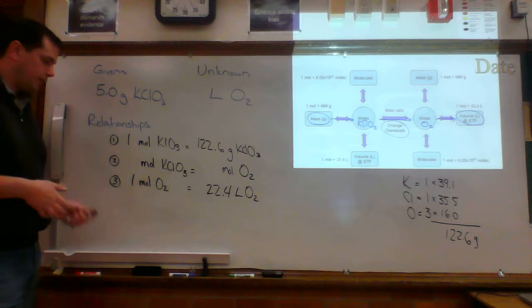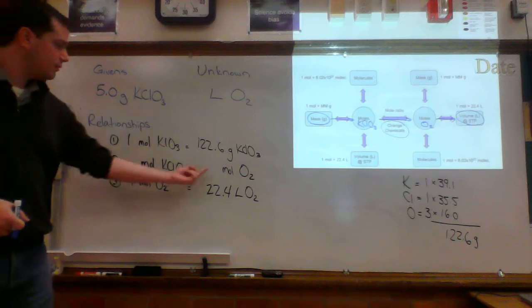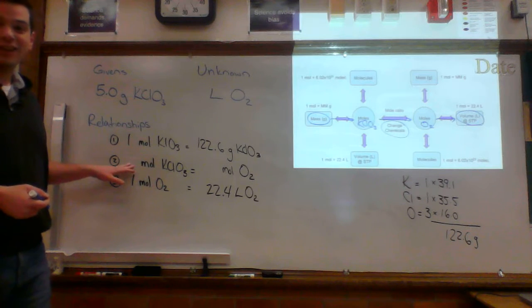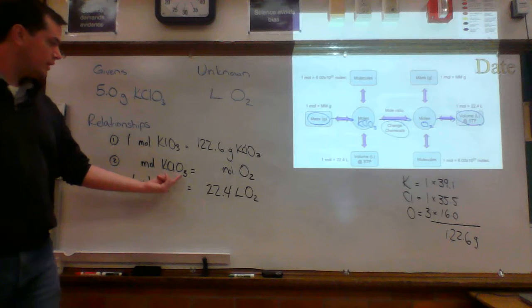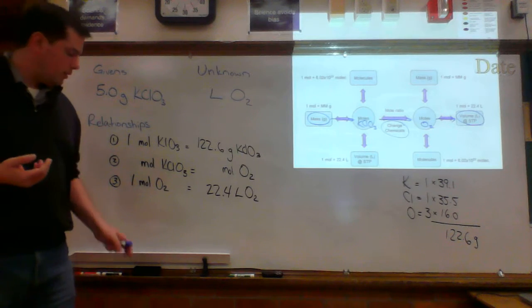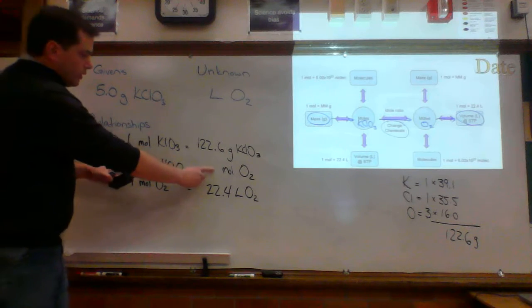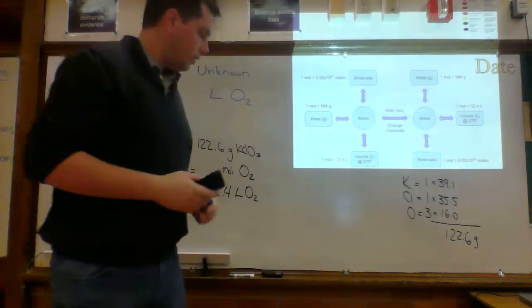Now, this is embarrassing, but I just forgot. I have to actually fill in the numbers for the second relationship, and I forgot all about it. Sorry. Here we go. Let me go ahead and do that. Let's go back to step 2 real quick. Moles of KClO3 and moles of O2, in order to get that number that goes here, I have to actually use the reaction coefficients.